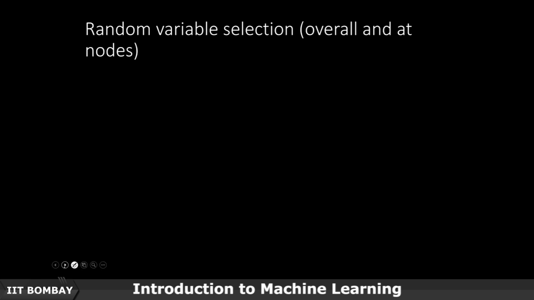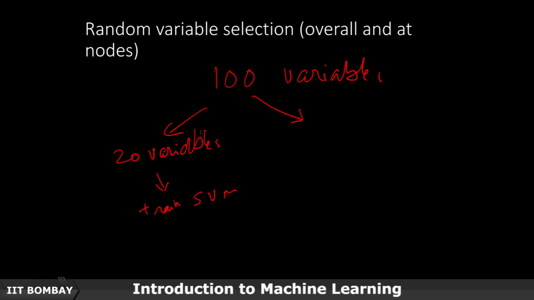We can select a different subset of variables, alright. So we can also do that for neural networks, for example, or SVMs, for example. So let's say if you have 100 variables, okay, then randomly select, let's say, 20 variables and train an SVM on it, and then randomly select another 20 variables, train SVM.